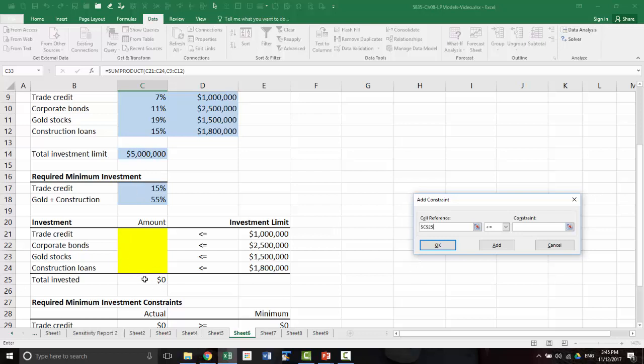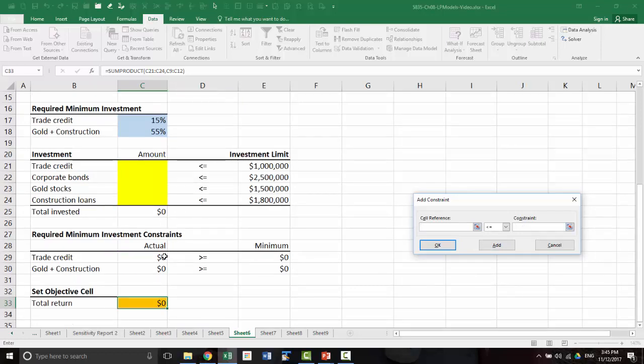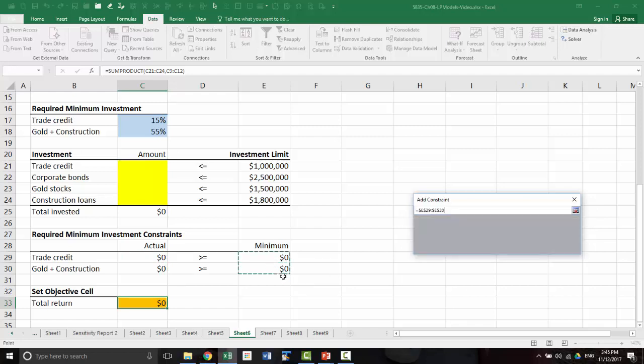We can do this like that, but since we have limits here, let's go ahead and put the limit. We'll bring the limit over here in just a second. For now, let's enter the constraint. I forgot to put that there previously. All right, let's add that, and then of course these two should be greater than or equal to these two.